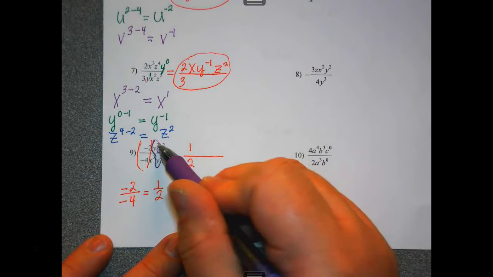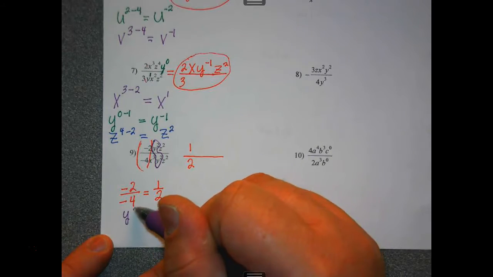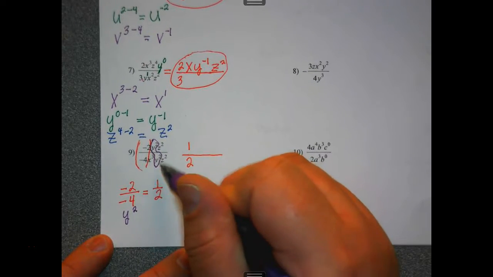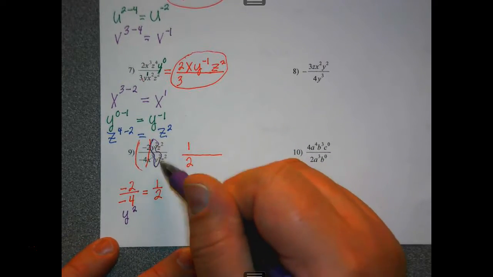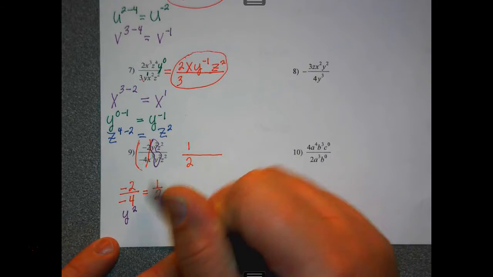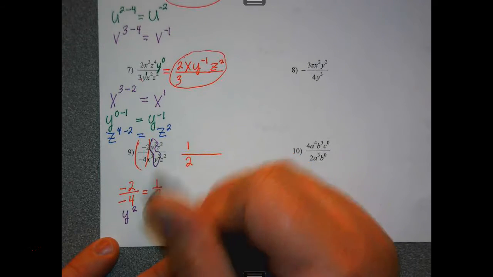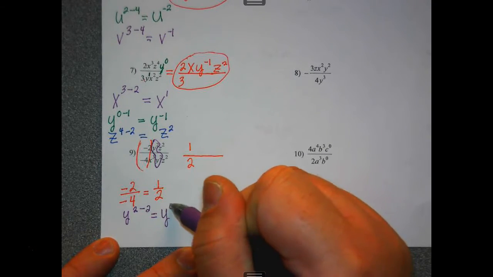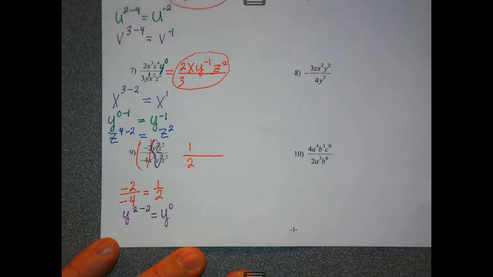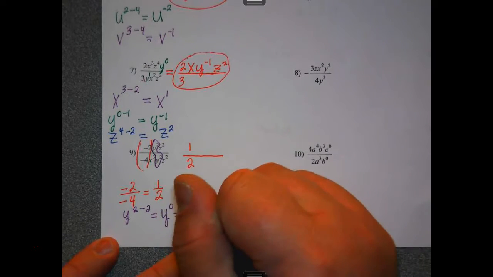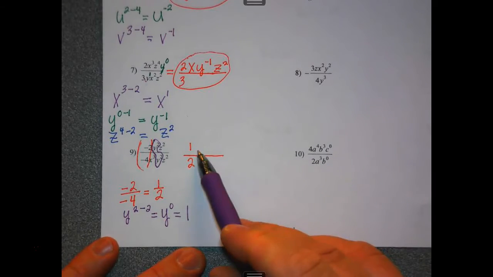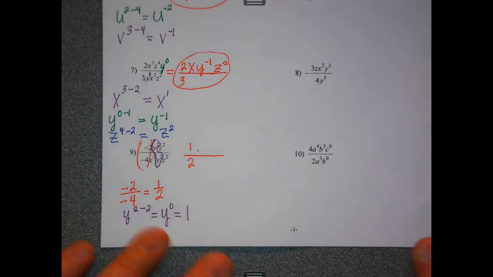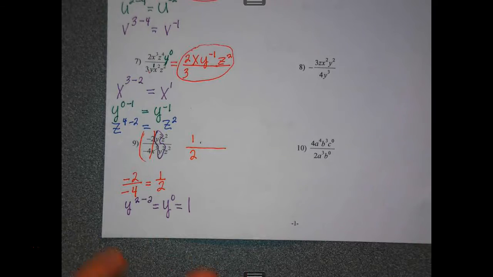I have y squared because they didn't line them up. So I have y squared, and then I got 2 minus 2, right? Which is y to the 0, which is anything raised to the 0 power? 1. Okay, so do I even need to put times 1 up there? Okay, so I don't have to deal with the y's.